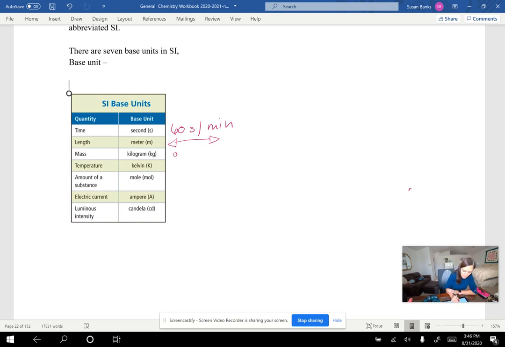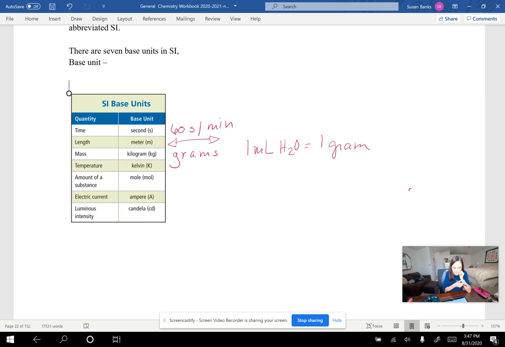In chemistry, we will usually use grams. Grams are super, super light. If I had 1 milliliter of water, that would give me 1 gram, just to give you an idea. For amount of substance, we use moles. We will be talking about moles later this year, probably third quarter, maybe second quarter, depending.